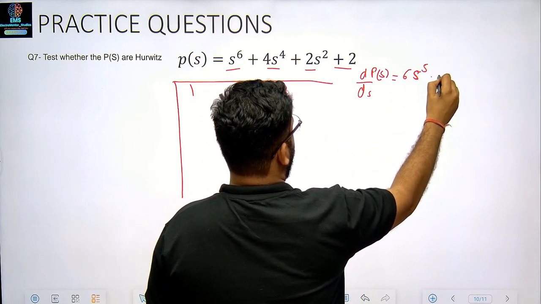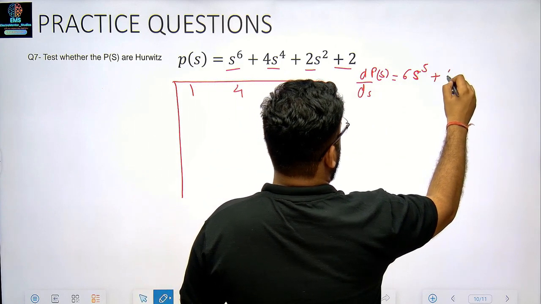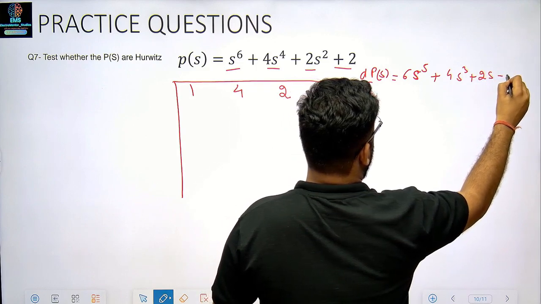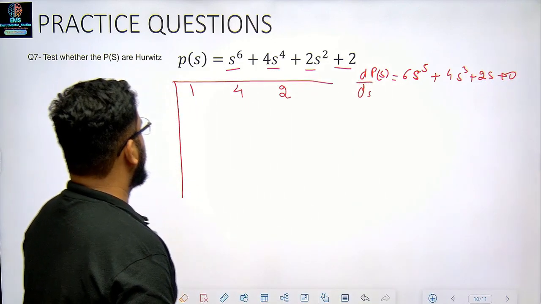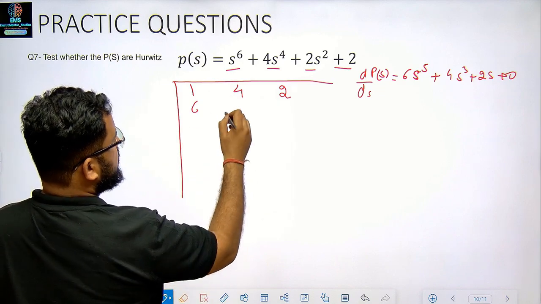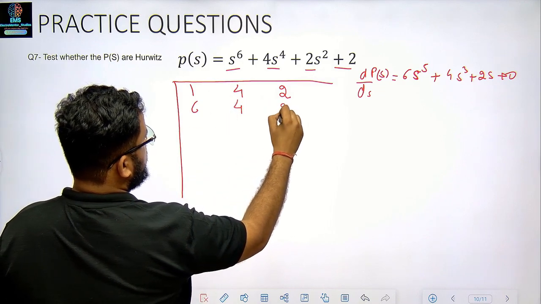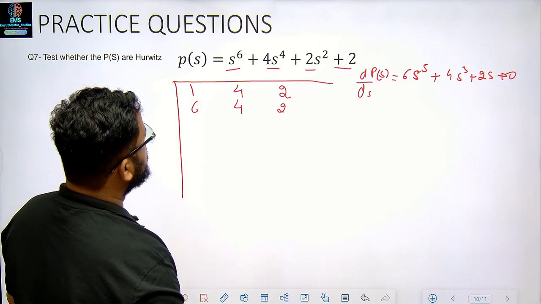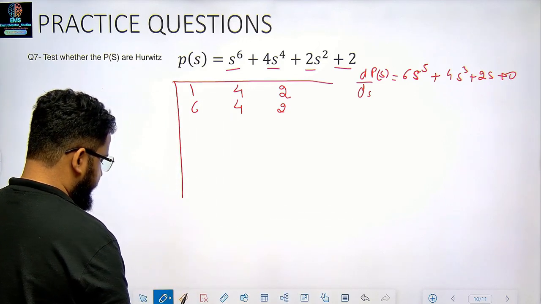So it would be 6s^5 plus 4s cube plus 2s plus 0. So we have got the new coefficients as 6, 4, 2. Okay, rather, sorry.